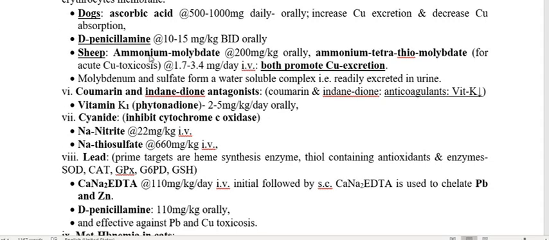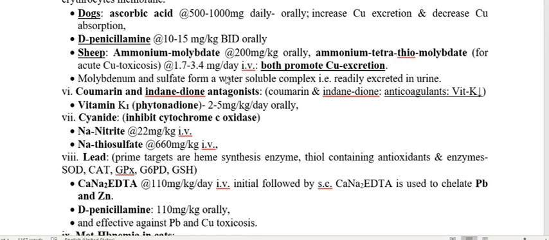And for sheep, we use ammonium molybdate orally at the dose rate of 200 mg per kg body weight. We also use ammonium tetrathiomolybdate in acute copper toxicity in sheep at the dose rate of 1.7 to 3.4 mg per kg IV, both of which promote the excretion of copper from the body of the poisoned animal.